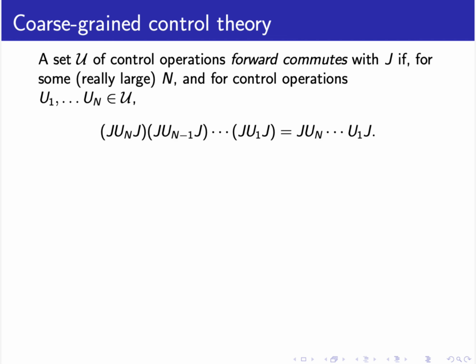I'm going to say a class of control operations, curly U, forward commutes with the coarse-graining if, up to some very large number of operations that's finite but very big, it doesn't matter whether I alternately evolve and coarse-grain, evolve and coarse-grain, or if I just evolve and coarse-grain at the end. So the idea is that, from the point of view of my control operations, the details that the coarse-graining operation washes out don't matter, at least insofar as we check with respect to those same coarse-grained details later on.